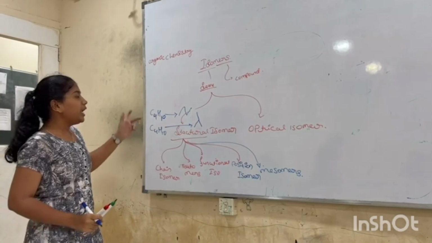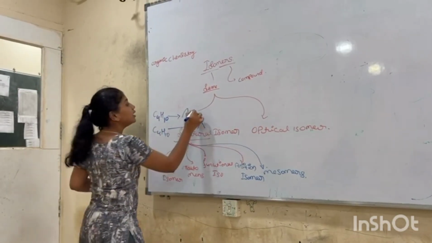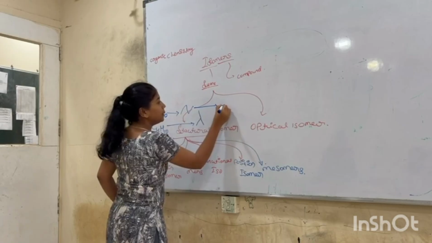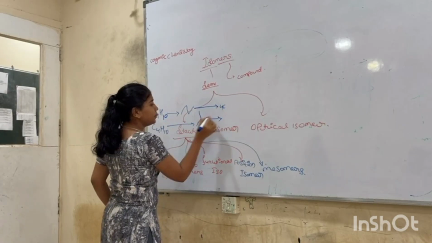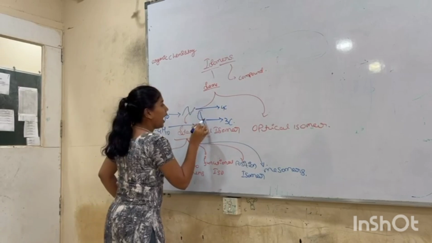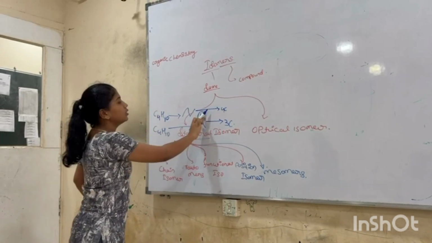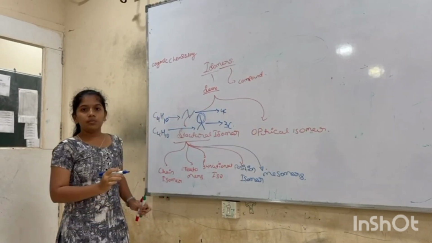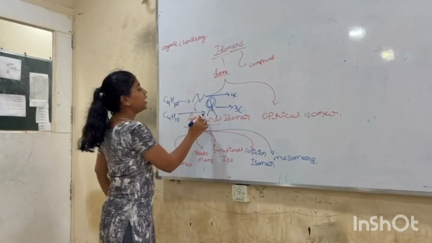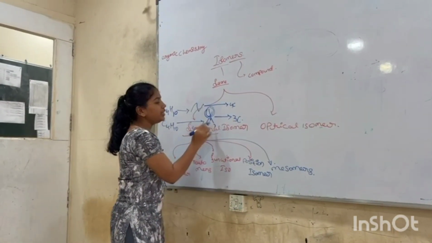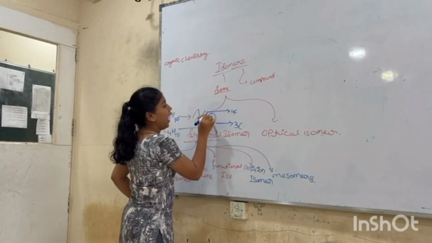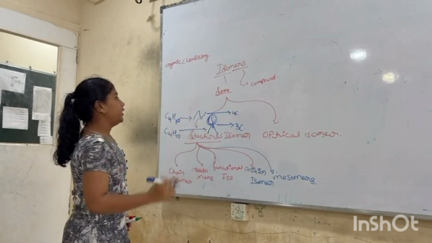This parent chain was different. This compound's parent chain has 4 carbon atoms. This has 3 carbon atoms. In case of this compound, with a 3 carbon chain, this carbon acts as a locant.